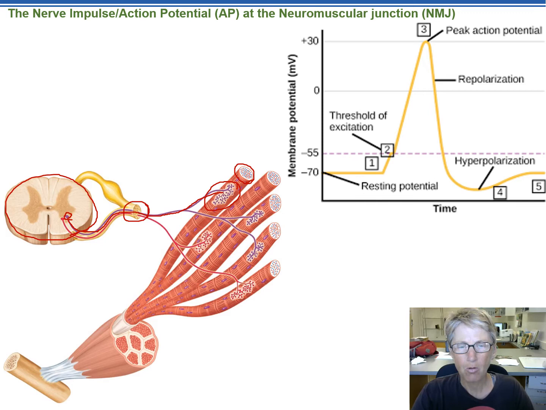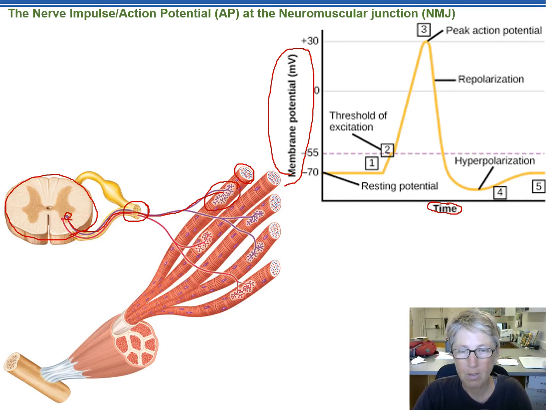And then this diagram up top is a diagram of an action potential. We talked a little bit about how action potentials work in the last video. On the y-axis, we have membrane potential in millivolts, and on the x-axis, we have time in milliseconds.